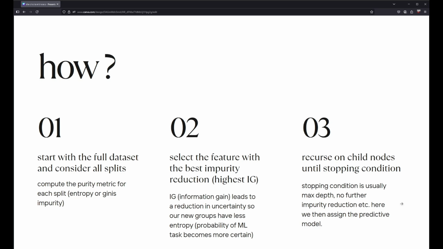We want to predict something. And so by reducing the uncertainty we have, we're more likely to predict. And in order to reduce the uncertainty, we must increase the amount of information we have so that we can make a more informed decision, right?